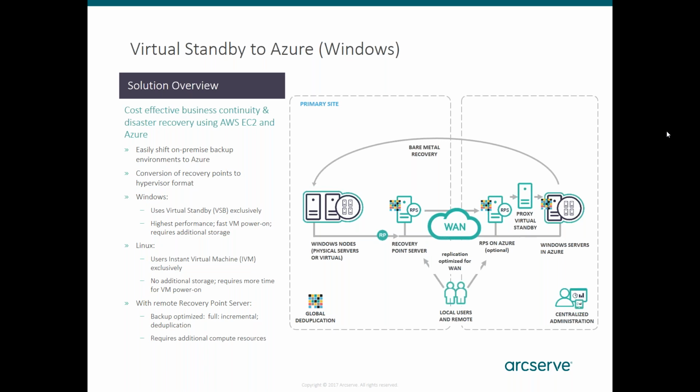So with this capability now, we can take a backup on an RPS, either a local RPS from your data center to provision directly into Azure, or you can replicate to a remotely managed RPS in Azure, which is optional. You don't have to deploy an RPS in Azure to do virtual standby in Azure, but a lot of customers would prefer to efficiently replicate their recovery points into Azure first from their on-premise backups.